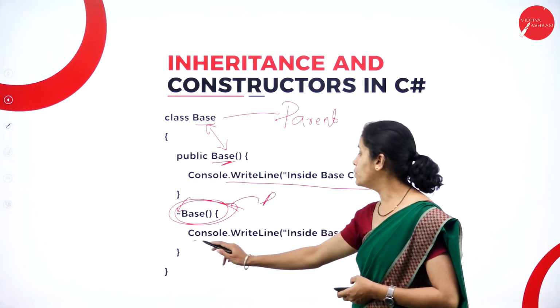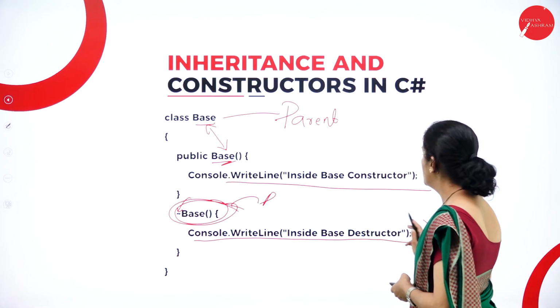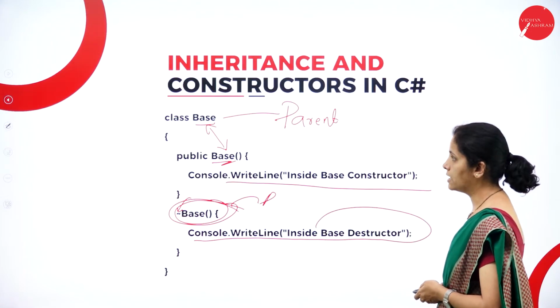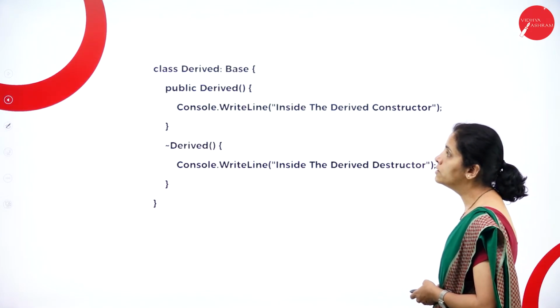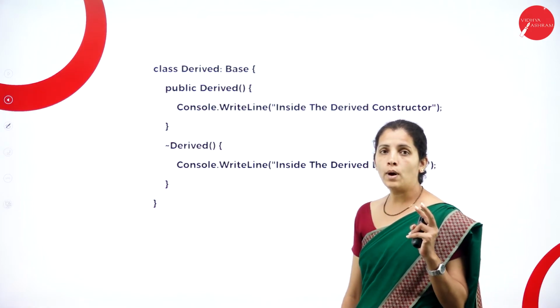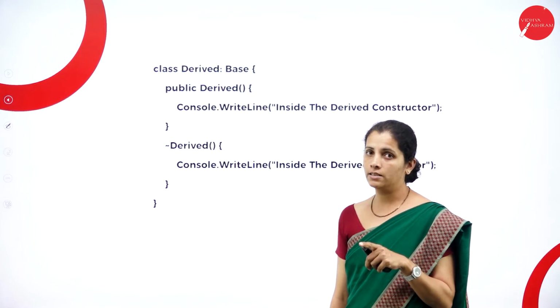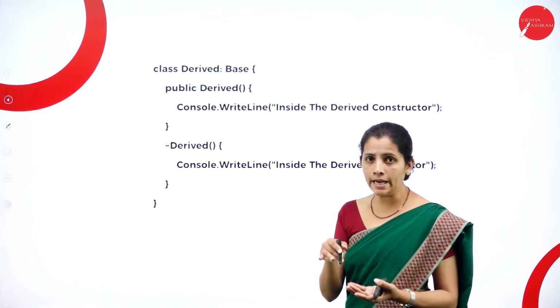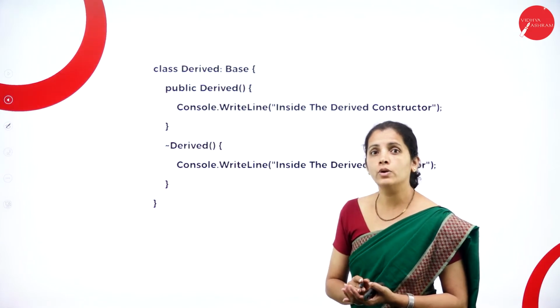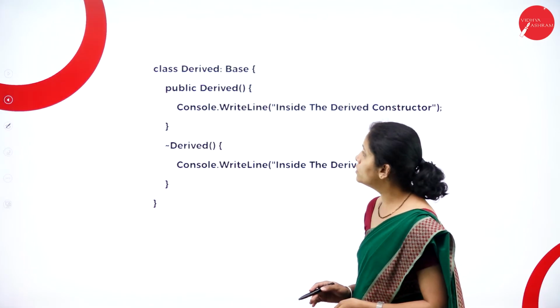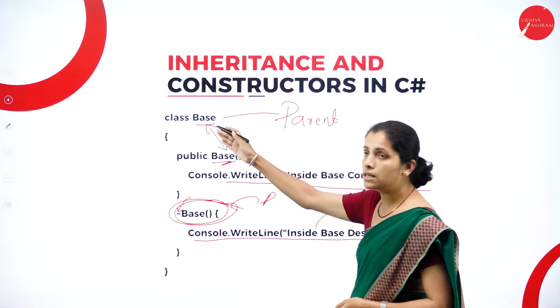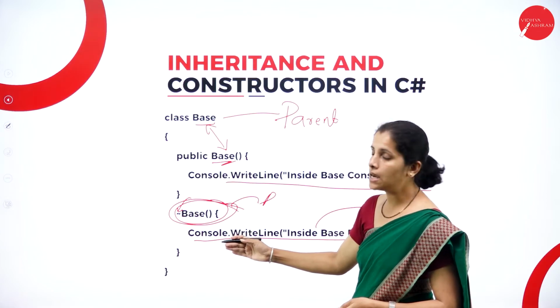Inside this, I'm going to write inside base class destructor. Now, see here, what is the topic? Inheritance as well as constructor. That means I want to implement inheritance, along with that I want to implement constructor. So, this is the base class along with the constructor.